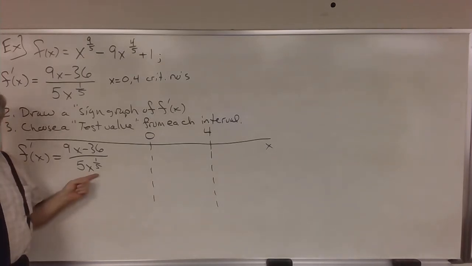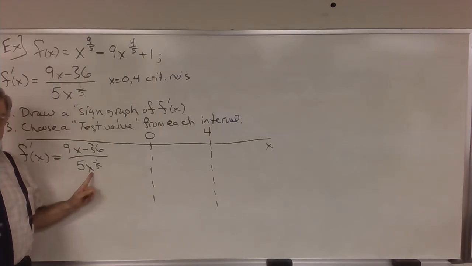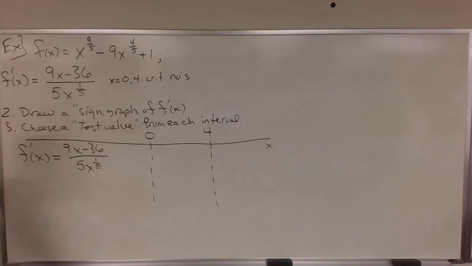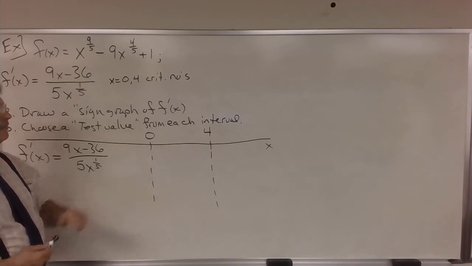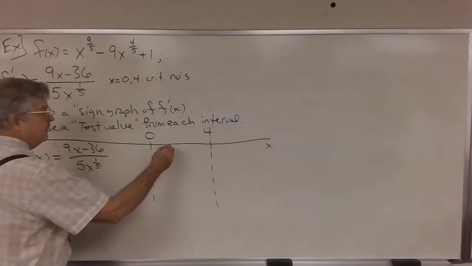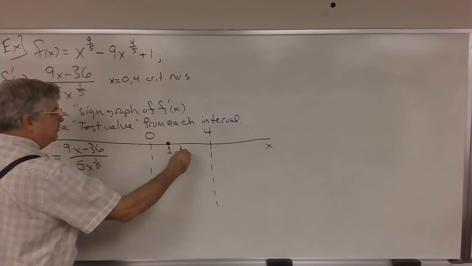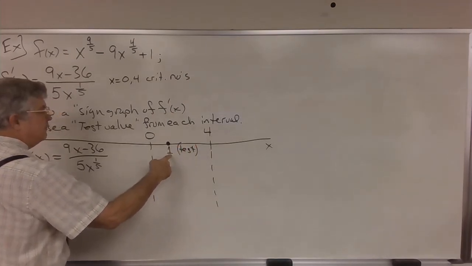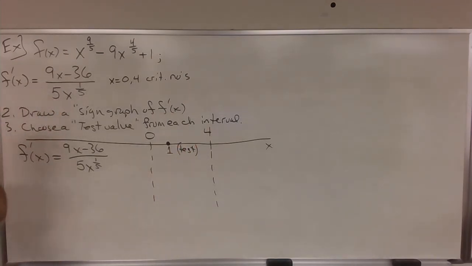Now, I guess there are a couple of ways to do this. One thing we can do is recognize that the 5th root of a positive number is positive, and the 5th root of a negative number is negative. In that way, we don't really have to compute the 5th root of a value. The other way is just to pick numbers whose 5th roots we know. So 1 is a good test value. The 5th root of 1 is 1, so that's a good value.